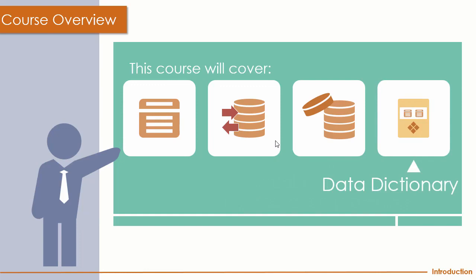Also, we will talk about the data dictionary, which is to generate the full detailed documentation of your database design. Then you can share it with your team members so that we can work together to deliver the information, to deliver the systems. And this is one of the reasons why we need such a database design.